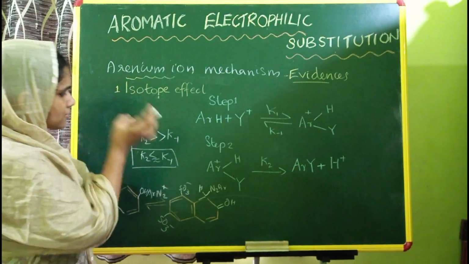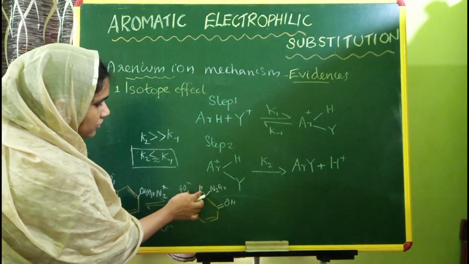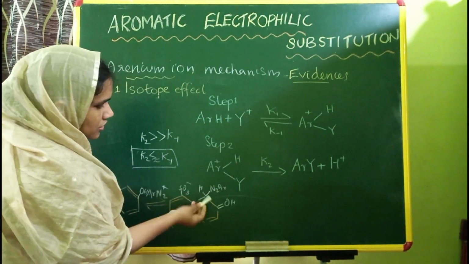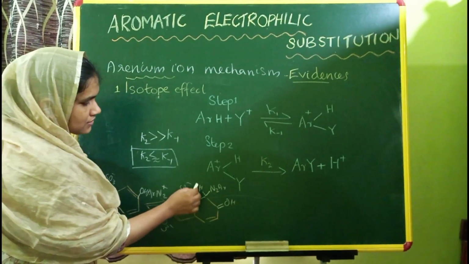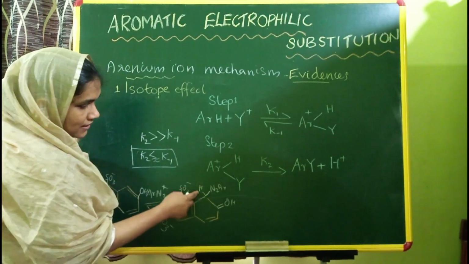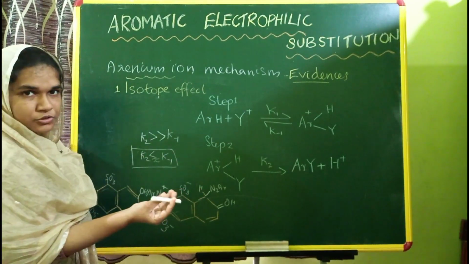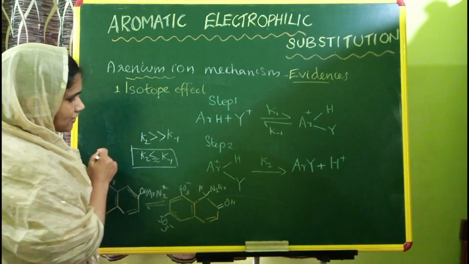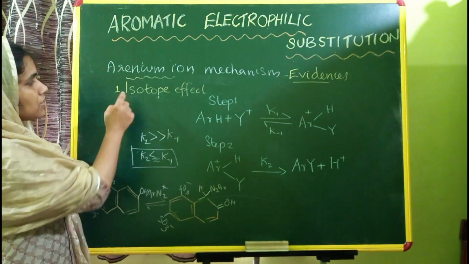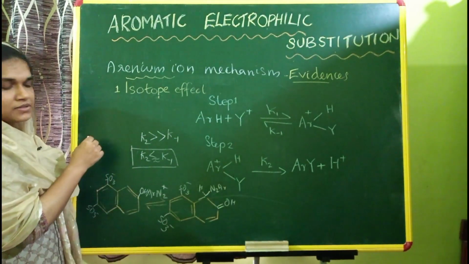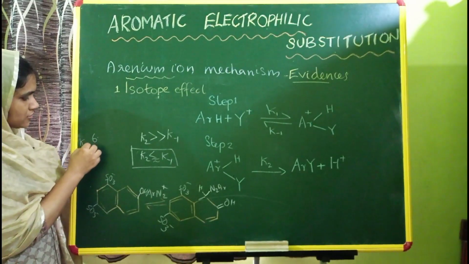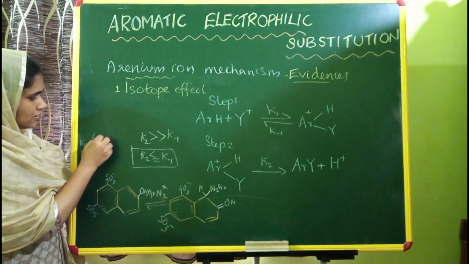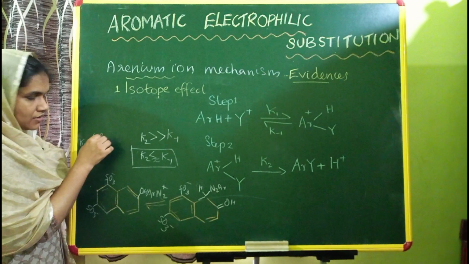The k inverse step need not involve a base, so it can happen between the bulky groups also, so an isotope effect appears, and in this case kH/kD is about 6.9.